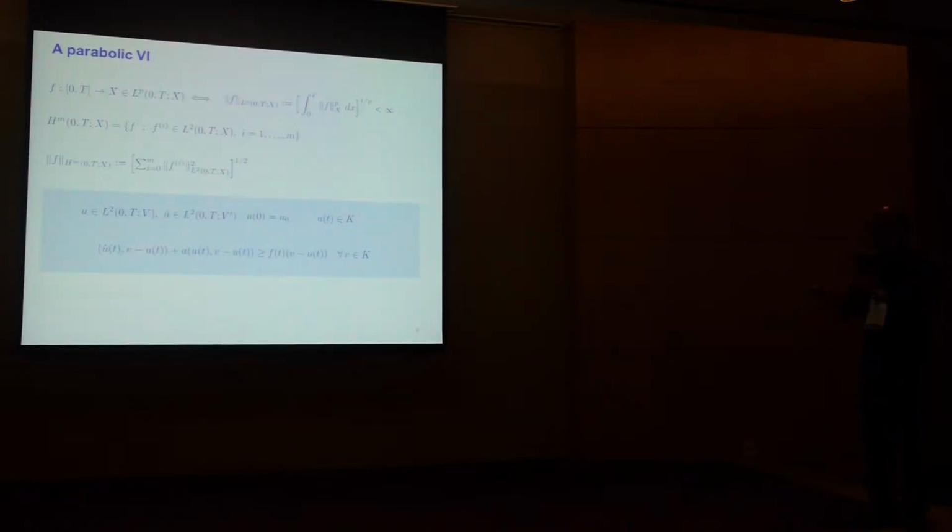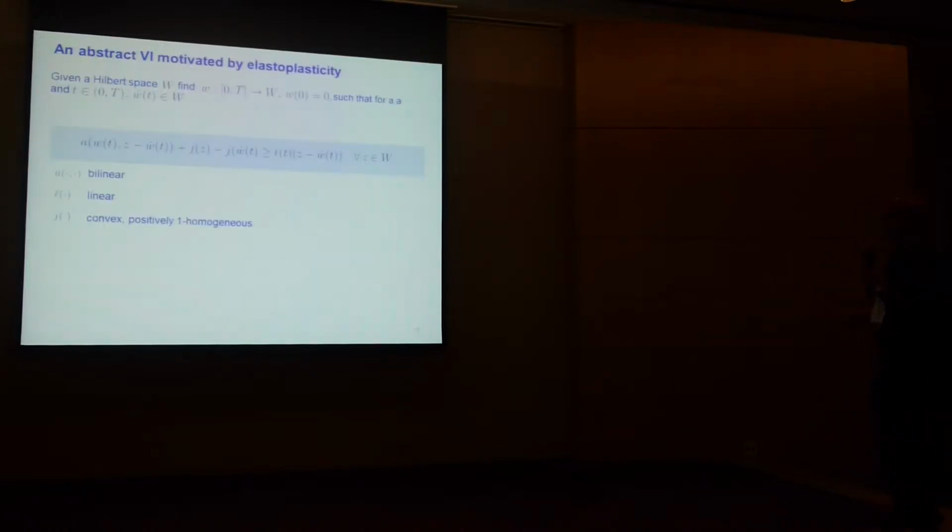I'm not going to spend too much time on the definition of these function spaces. I'll say more about them as and when I need them. Now, I want you to just bear in mind that what I've done here in introducing this parabolic variation inequality is essentially to have added this term in front, which, as I said, would be something like the first derivative term you have in the heat equation.